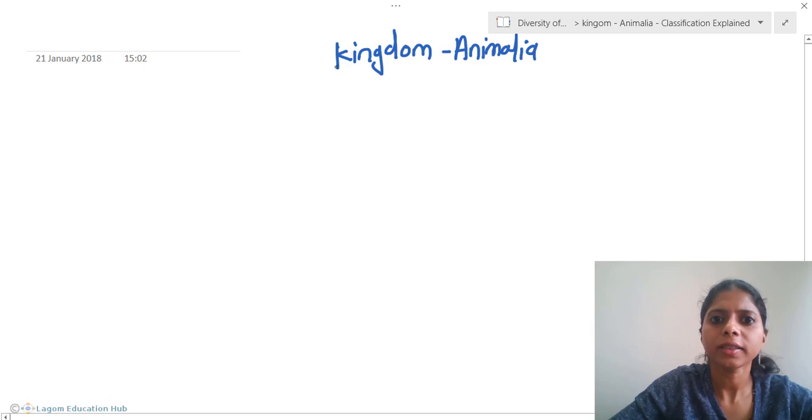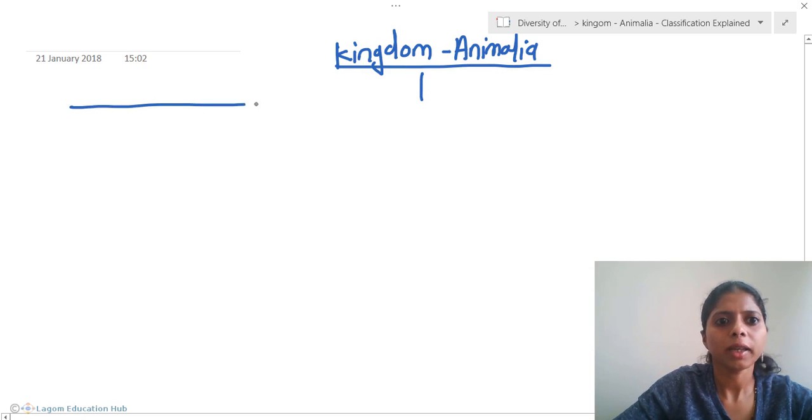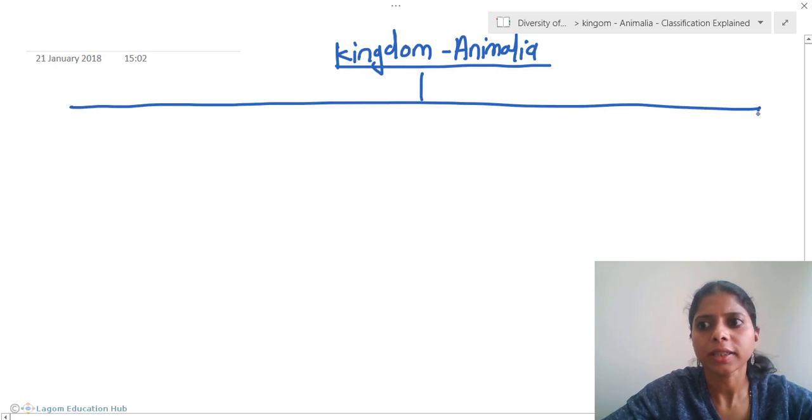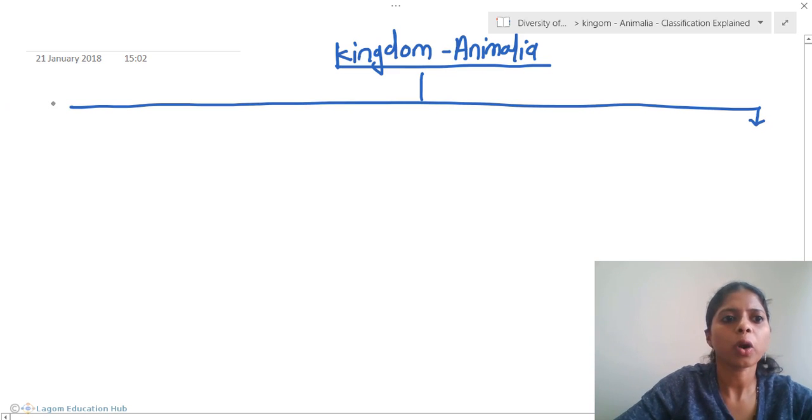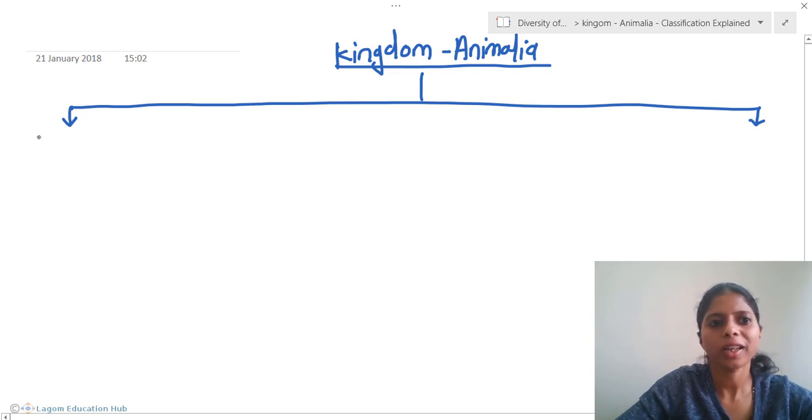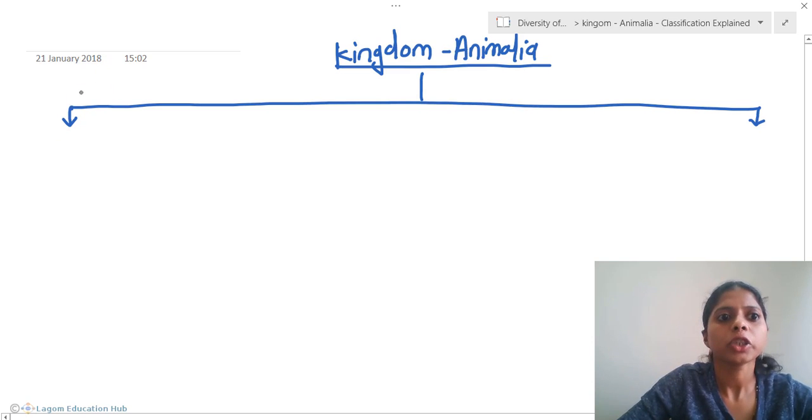Now, all animals are included in this kingdom, and kingdom Animalia is classified into two broad sections. One section, suppose I am writing it on the left hand side, includes all the animals which don't have a notochord.